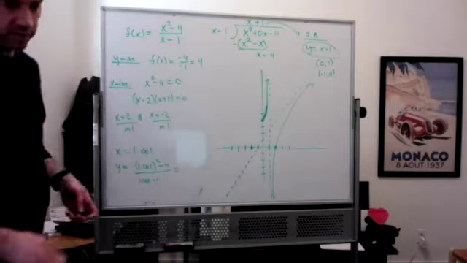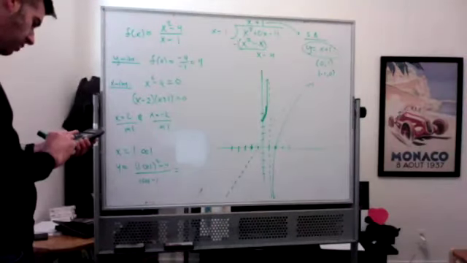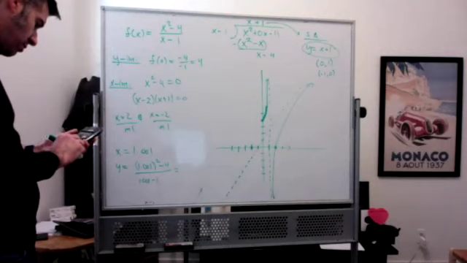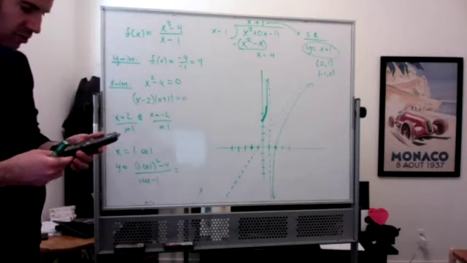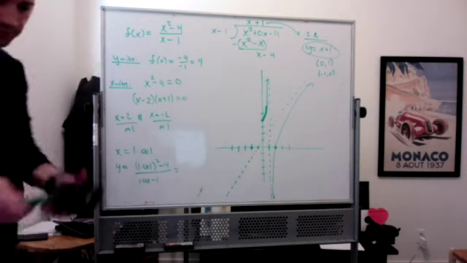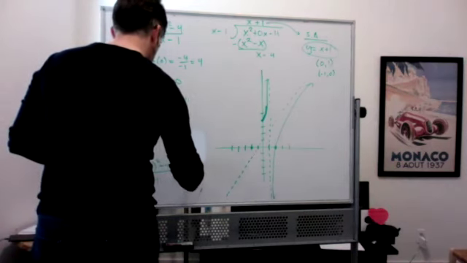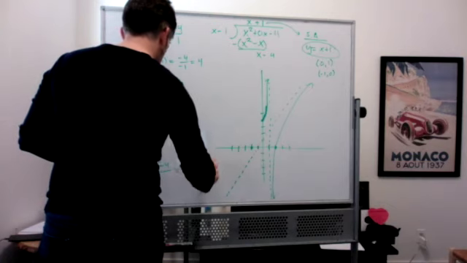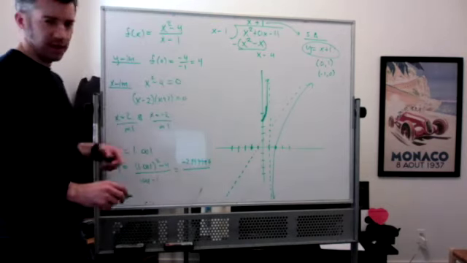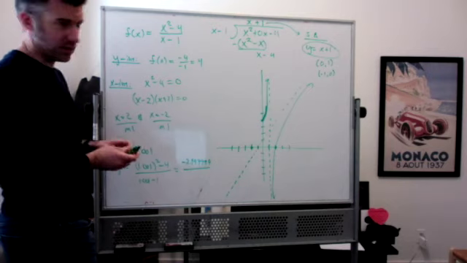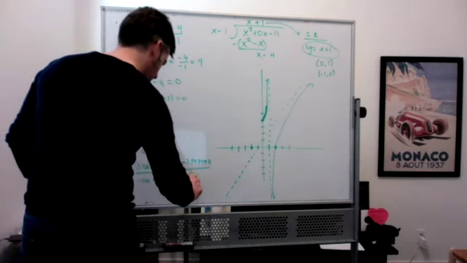I can even get out a calculator if we really want. 1.001 squared minus 4 is negative 2.997999. I don't really care about that. It's negative 2.997999. Divided by 0.001, since 1.001 minus 1 is 0.001, which is 1/1000th.